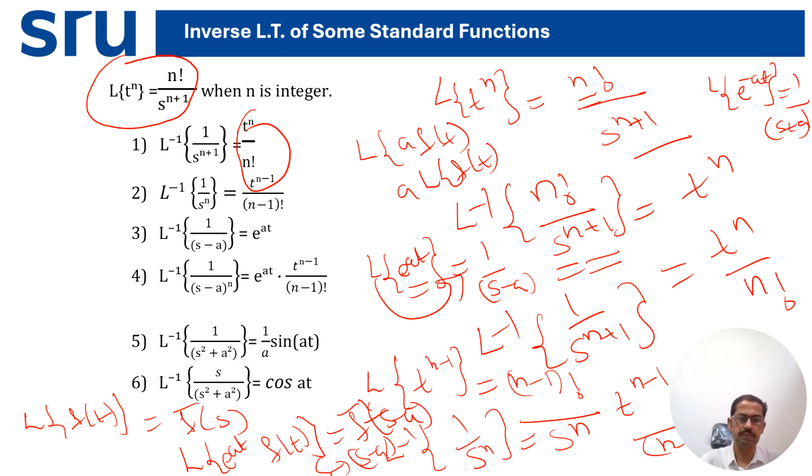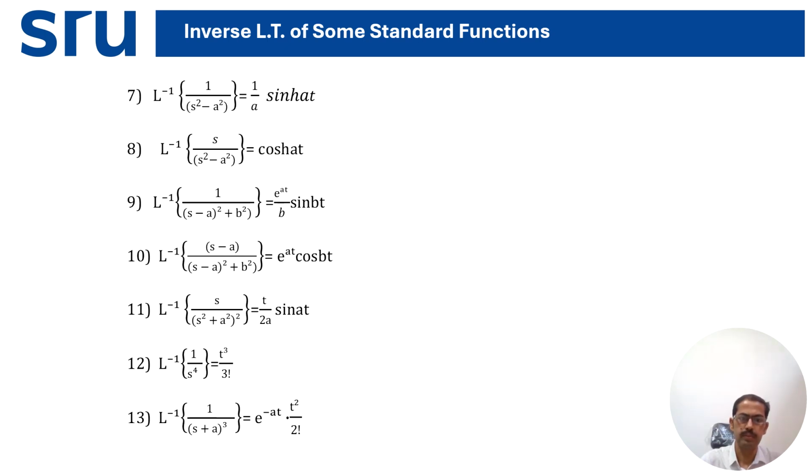Now you see, what is the Laplace transform of cos at? Cos at is s by s square plus a square.